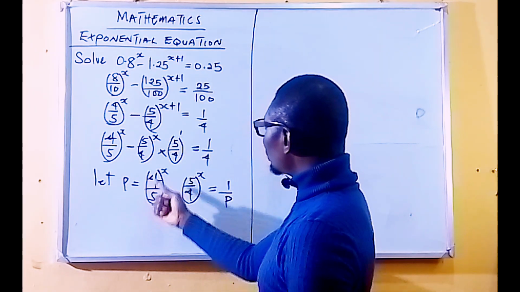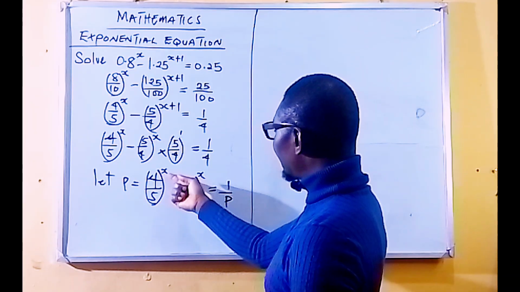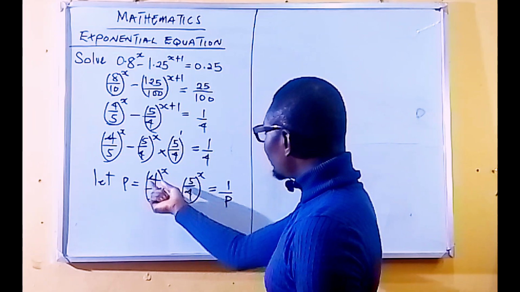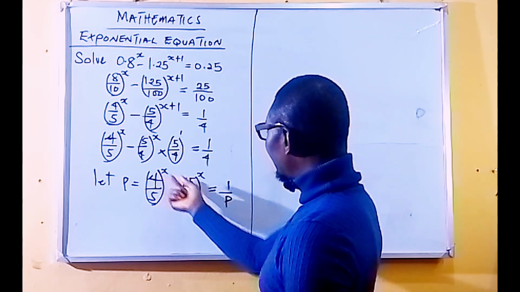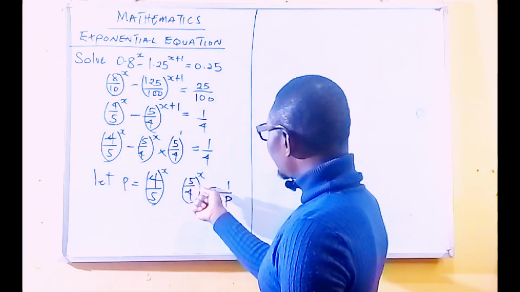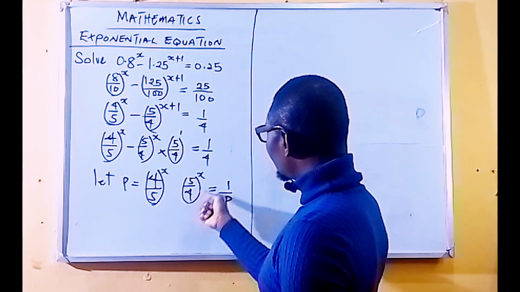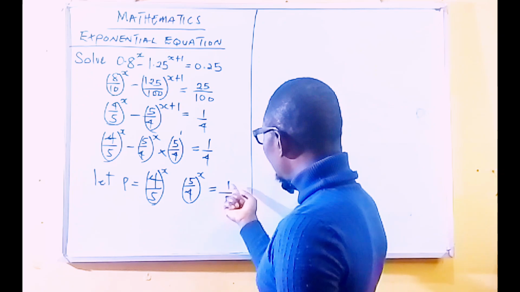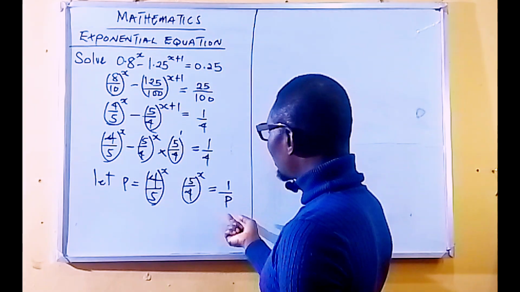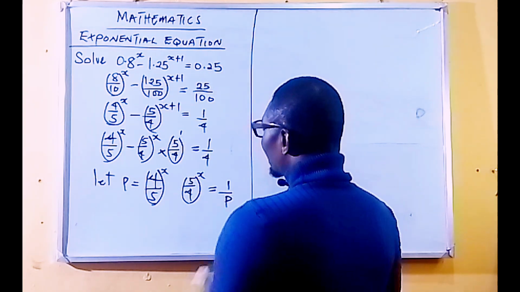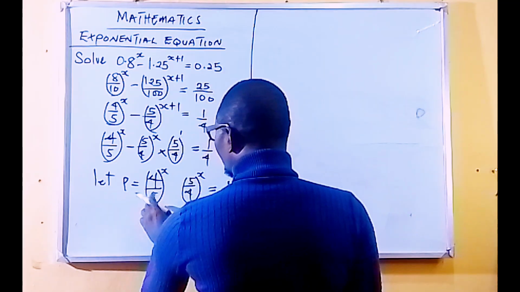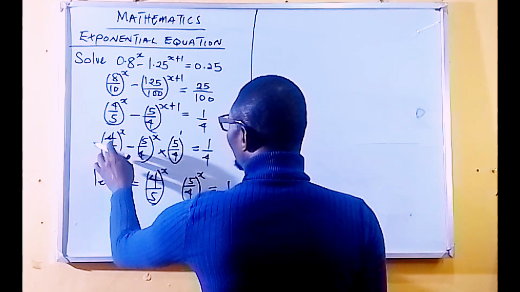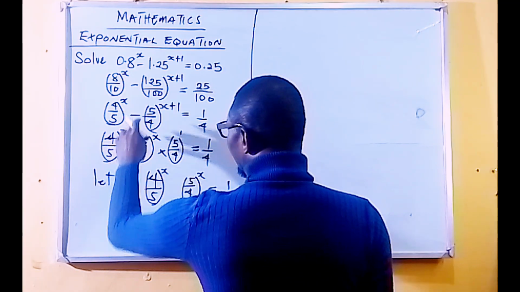So if p is equal to 4 over 5 raised by x, then the inverse, which is 5 over 4 raised by x, will be equal to 1 over p. So at this point, we substitute.